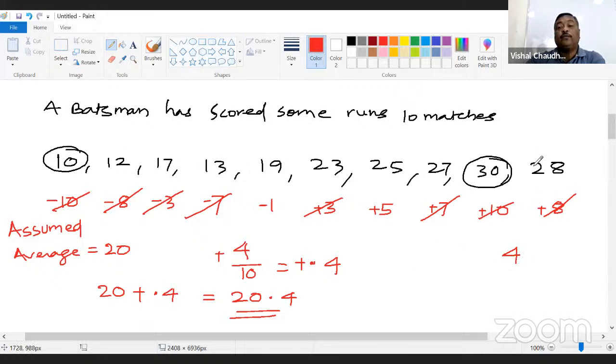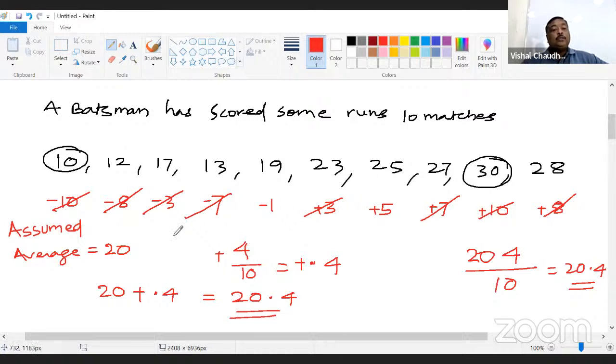Carry forward is 4. 4 to 6, 6, 3, 9, 9 to 11, 11 to 13, 13 and 2, 15, 16, 17, 18, 19 and 20. 204. How many numbers did we have? 10. So what I will get is 20.4. Is it clear?